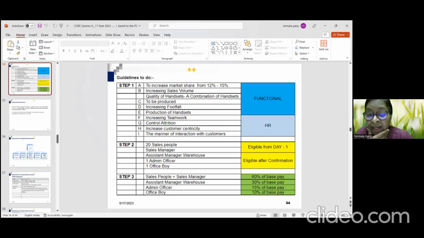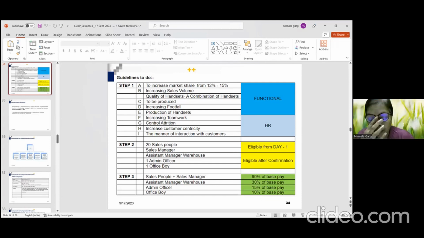You can't operate in a silo. All your HR systems and processes have to be in alignment with your HR strategy, and this HR strategy has to be in alignment with your business strategy. Compensation system is a part of your HR strategy as well.